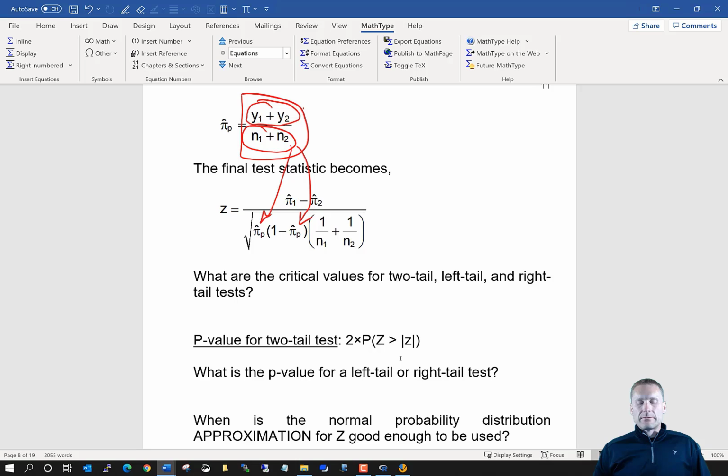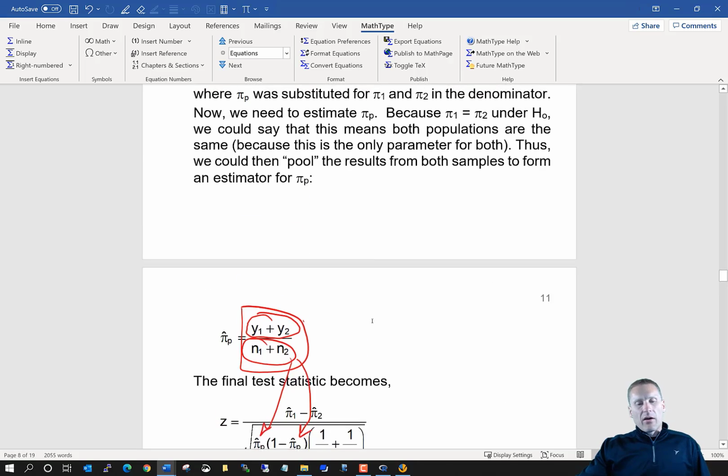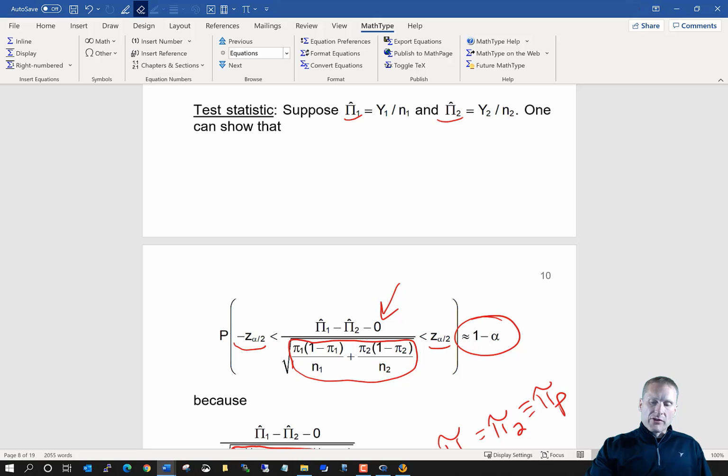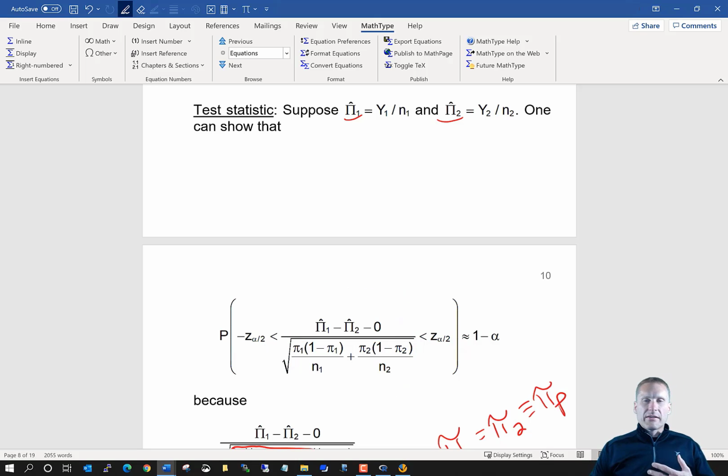Okay. So what are the critical values for a two-tail, left tail, and right tail test? It all comes back to this expression here for a two-tail test. We're saying, what would be reasonable values to observe for a random variable z in this case? Well, you'd be between negative z sub alpha divided by 2 and z sub alpha divided by 2.